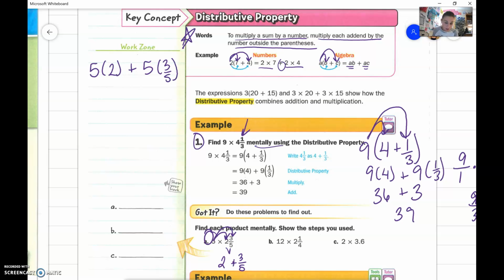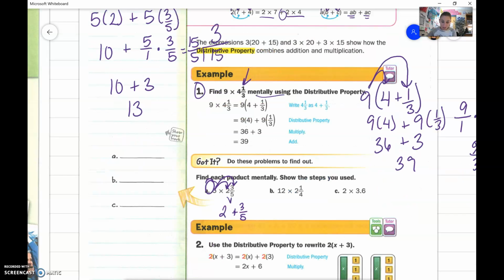Now I'm ready to solve. 5 times 2 is 10 plus we can do 5 over 1 times 3 over 5, which gives us 15/5. And when I divide that out, I know that it is 3. So I get 10 plus 3, which is 13.